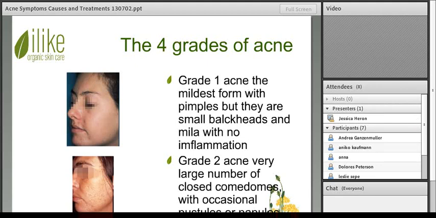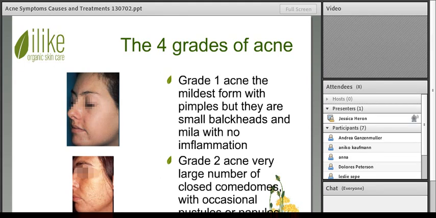Grade 2 acne can possibly get to grade 3, especially if there's a habit of the pimples being picked or squeezed. So at this time, encourage the customer to keep their fingers off the skin, because this is when they want to start picking and prodding at the blemishes because they want it out.